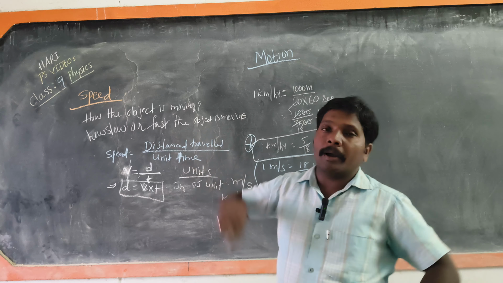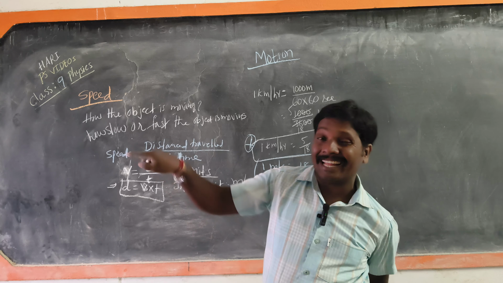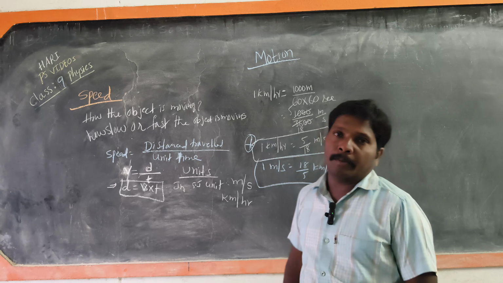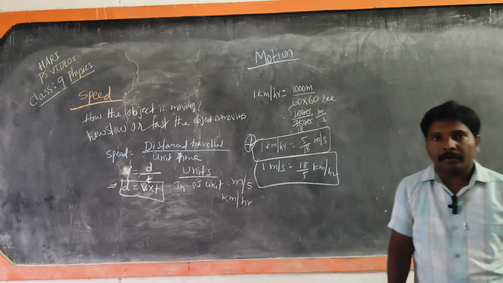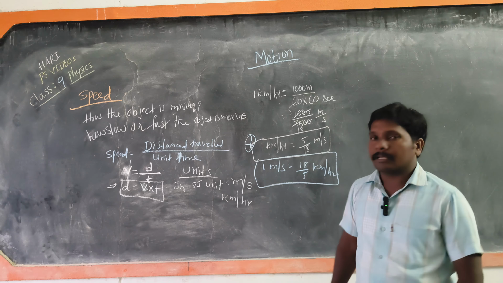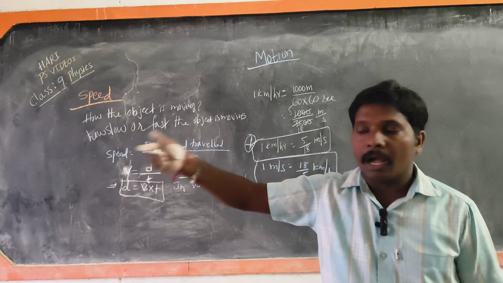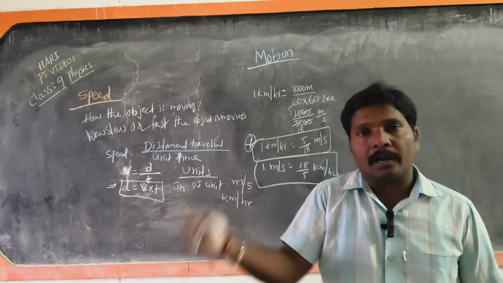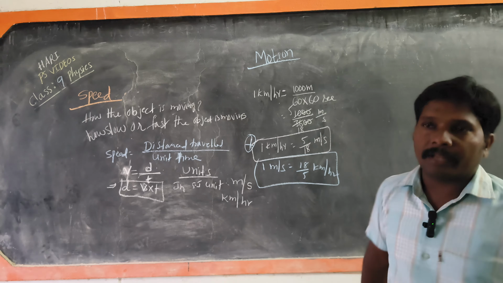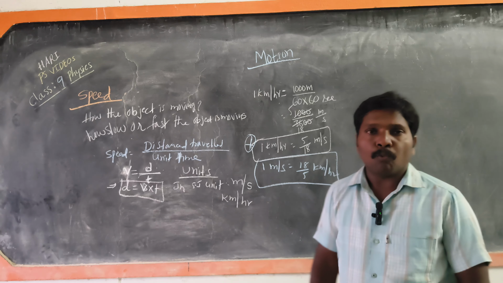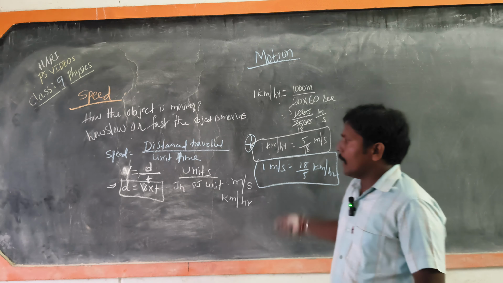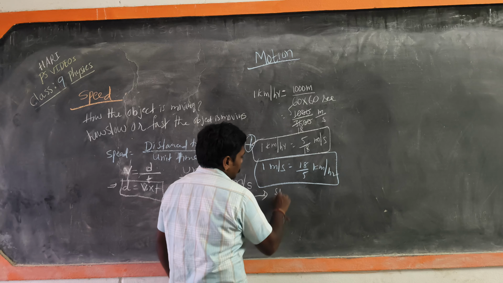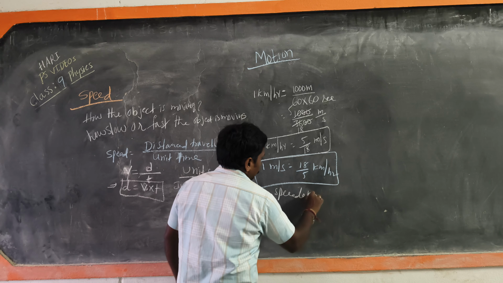The length covered by a moving body, the actual length, the total path covered by a moving body is called distance. How much distance is covered by a moving body in a unit of time, simply, in 1 second. For this we have to use a speedometer.